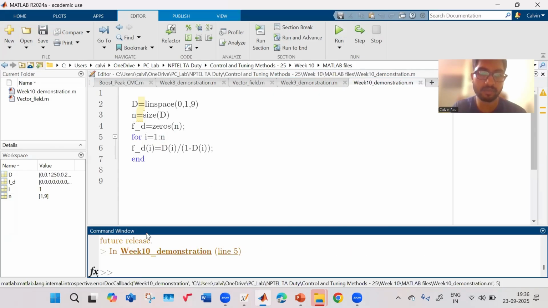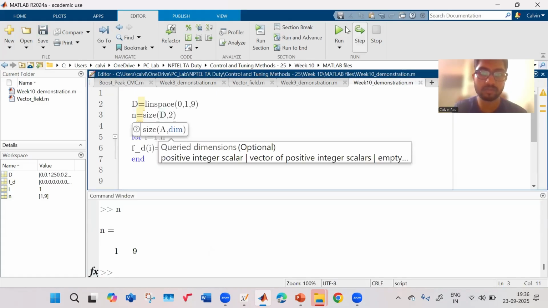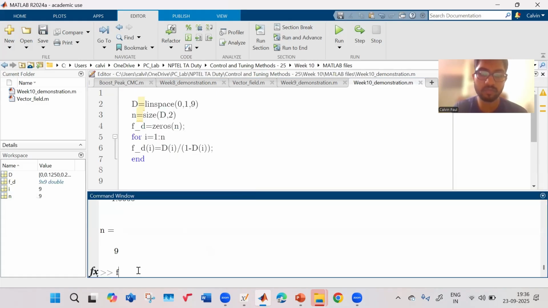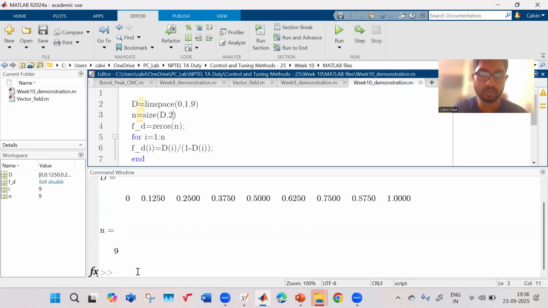So now let us put F of D from n, comma, and F for D is still coming like this. Run this code.